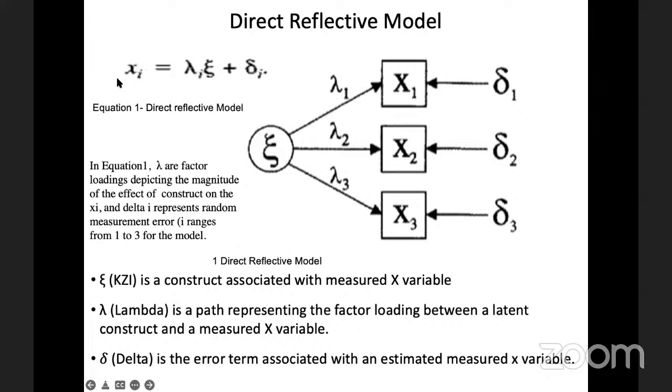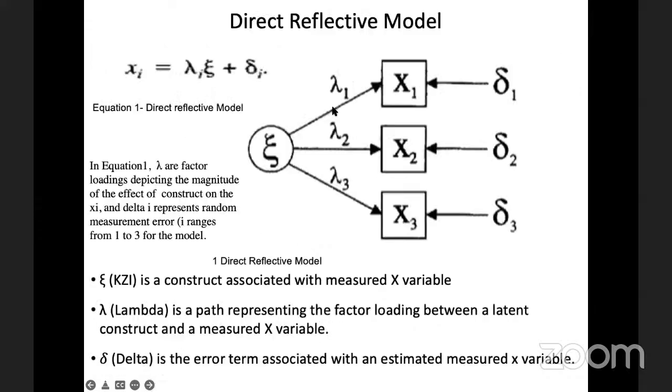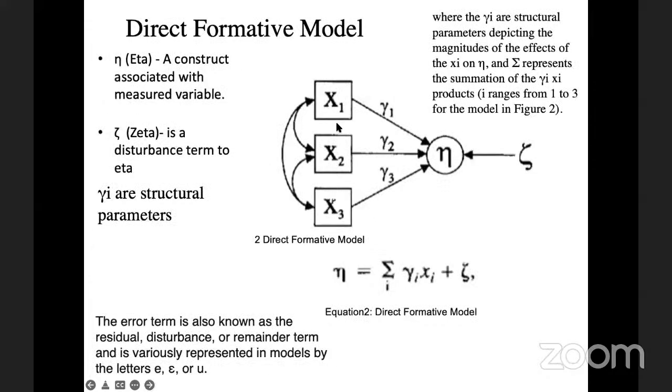And in the top equation, x1 is a function of lambda times xi plus random error. When we talk about the same thing with the formative model, x1, x2, x3 do not have the random term delta 1. However, they have covariance with each other.